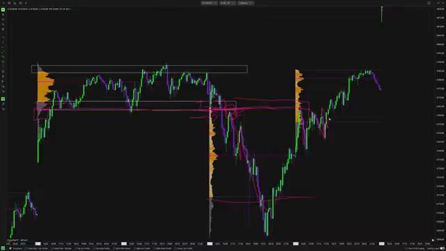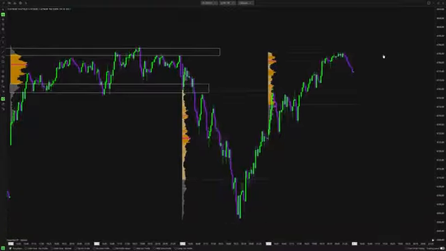And when we break back inside, we understand this was just a bigger version of this, which is a failed auction. And we understand that once we get back inside, these are the same areas where we'll auction, test, and go to the other side once more. This is the power of volume profile. This is the power of the auction market theory that we will get even deeper into later.